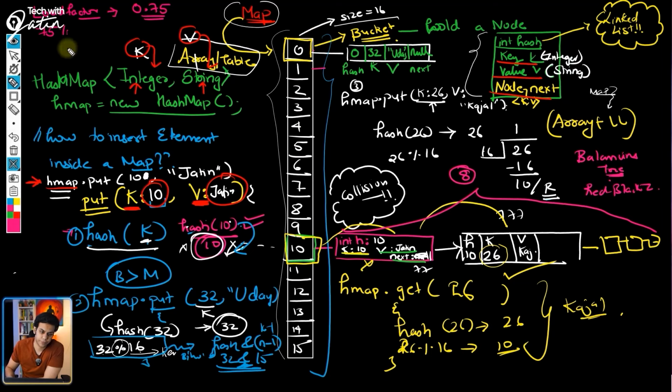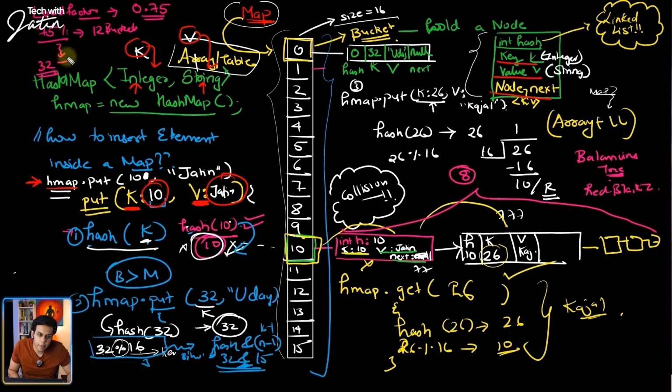You will say 16. So when 75% of this particular array is full, that is actually going to be 12 buckets full, what is going to happen is you will be given a new array of size 32. Of size 32. And over there, all the elements which are there, for them, rehashing is going to happen.